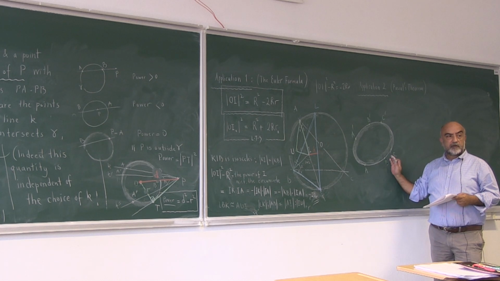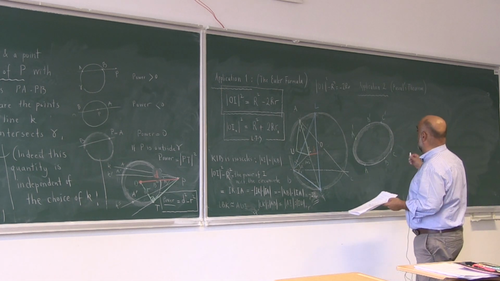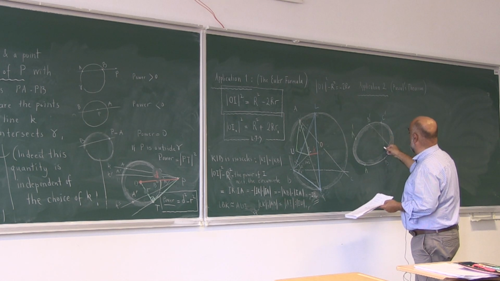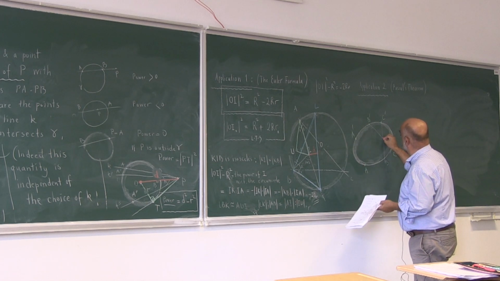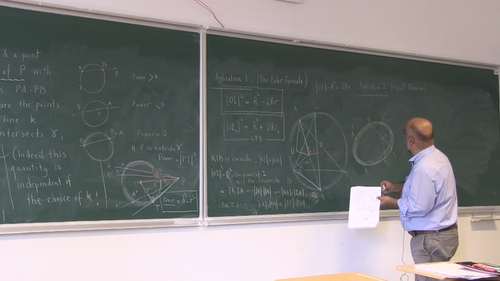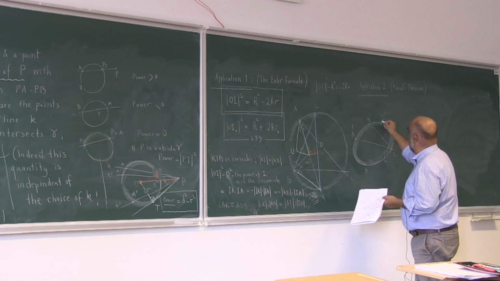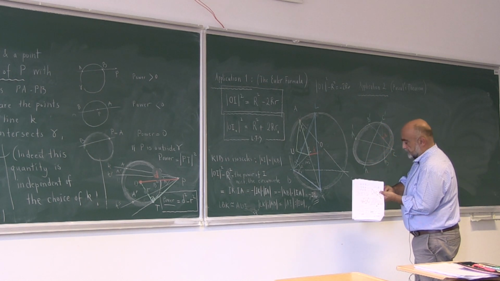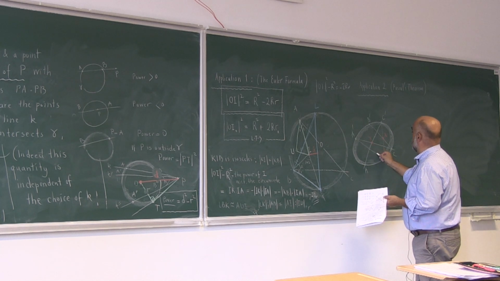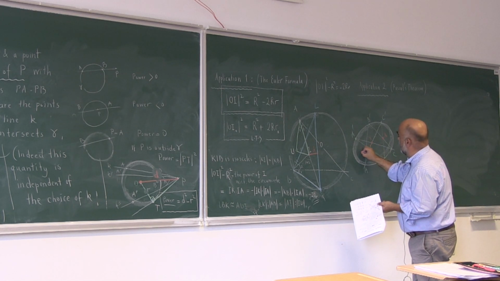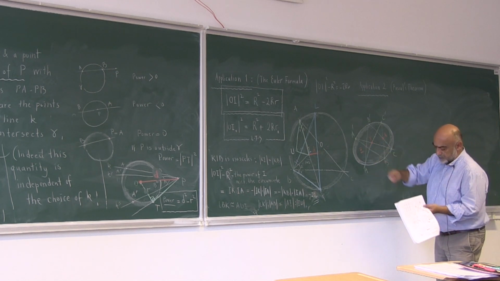Now, from the way I am designating the points, you should have noticed that there is a formal resemblance between this object and the Pappus theorem. What you do is you join the line B prime C and BC prime and let them intersect in a point X. And you intersect CA prime and C prime A, and let them intersect in Y, and finally A prime B and AB prime intersect in Z. Well, we claim that X, Y, and Z lie on a line.